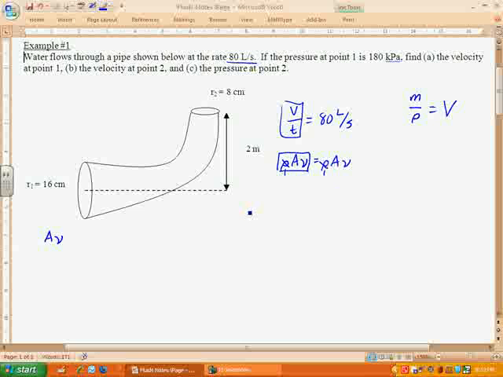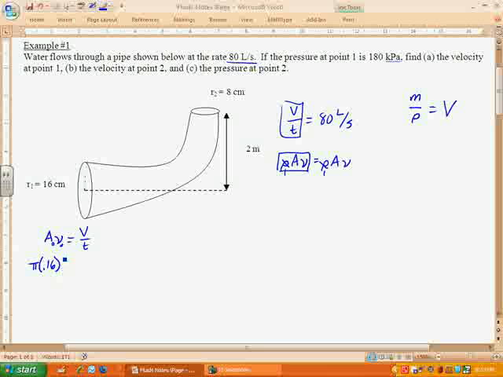Okay, so in this problem we're just going to say that the area times the initial velocity is going to be equal to the volumetric flow rate, which we know is 80 liters per second. We can also find the initial area right here because we know that it's 16 centimeters. And so we know that area is pi r squared. And so it's going to be pi times the radius, which is 0.16. I'm putting it in meters.